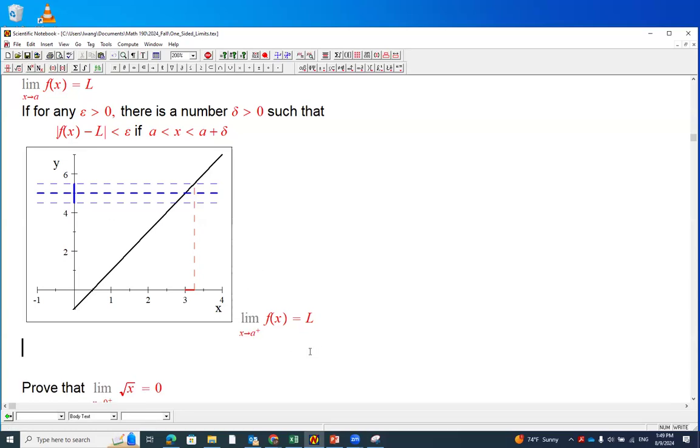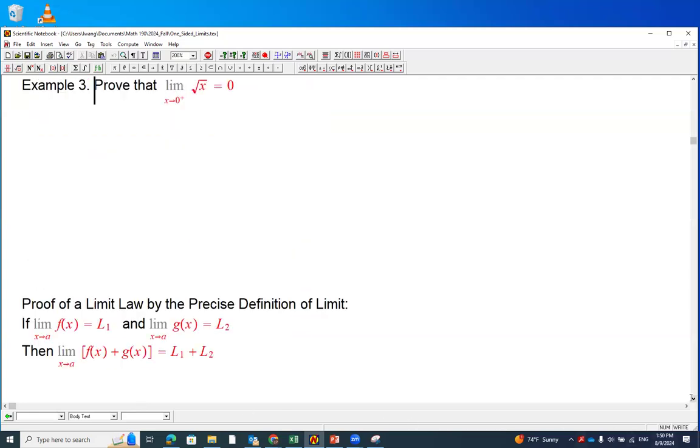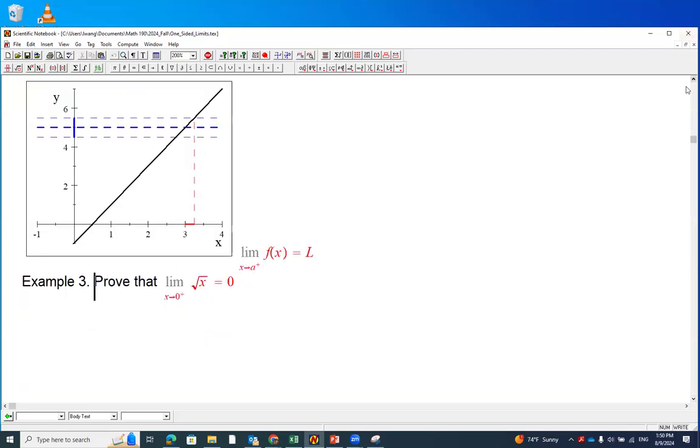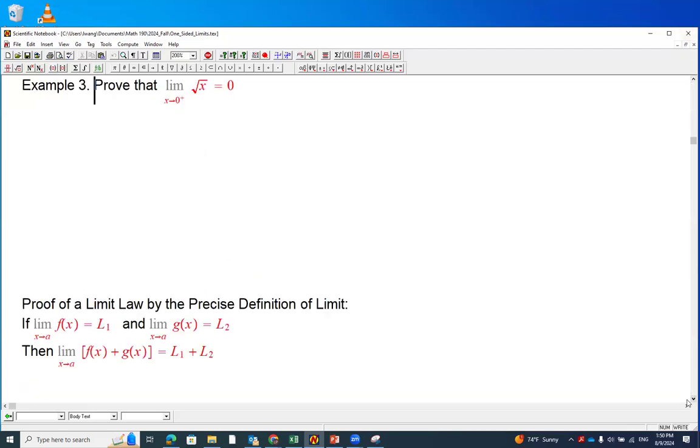Okay, so right-hand limit. Take an example. This one is my example number 3. In this example, we're going to prove the right limit exists. So, proof.